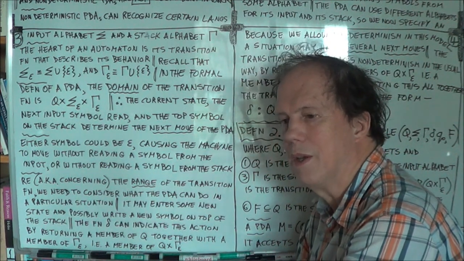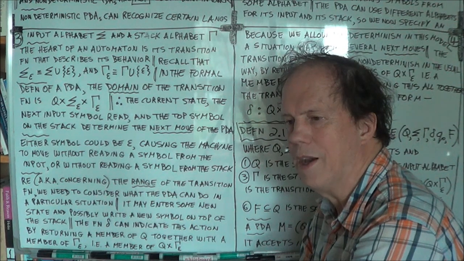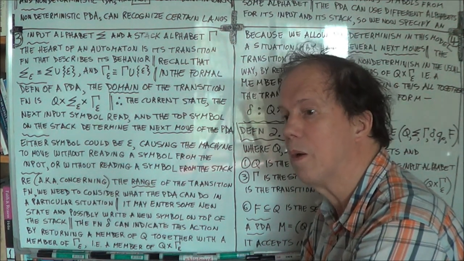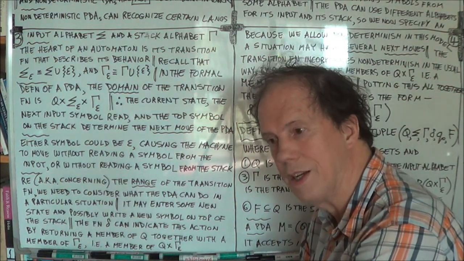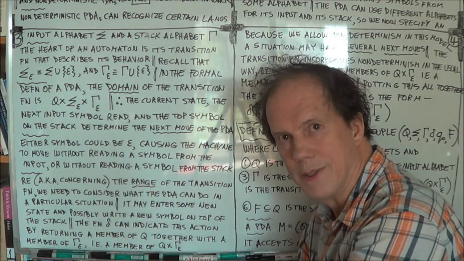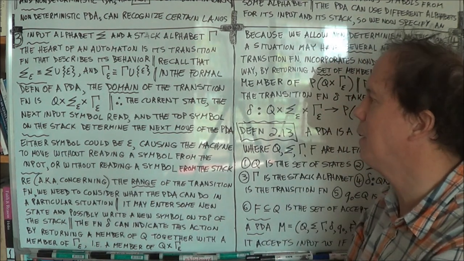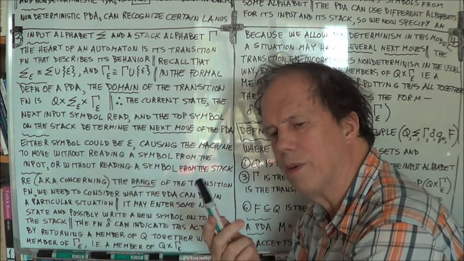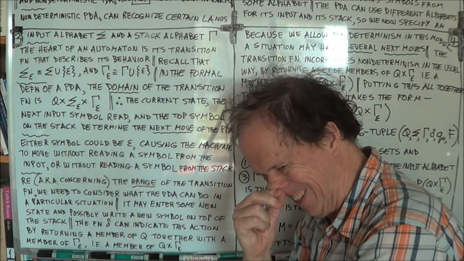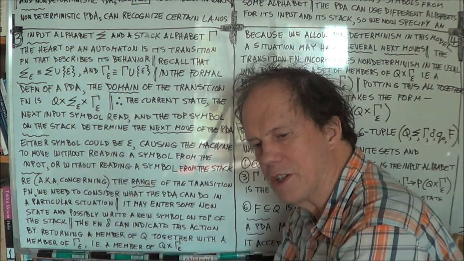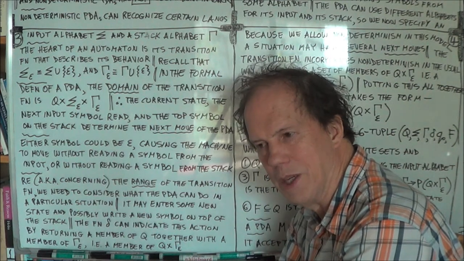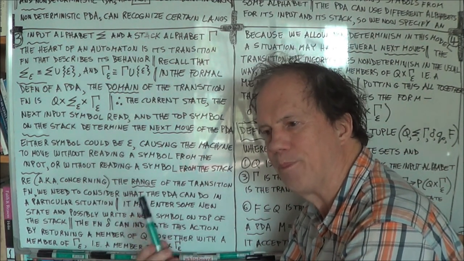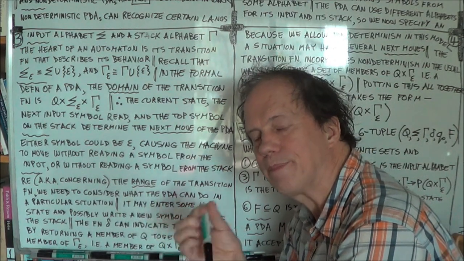So the output, if you like, of your transition function is the next state and what you do with the stack. Before, the transition function gave you the next state, but this time it's giving you several bits of information: not only the next state, but also what you do with the stack.